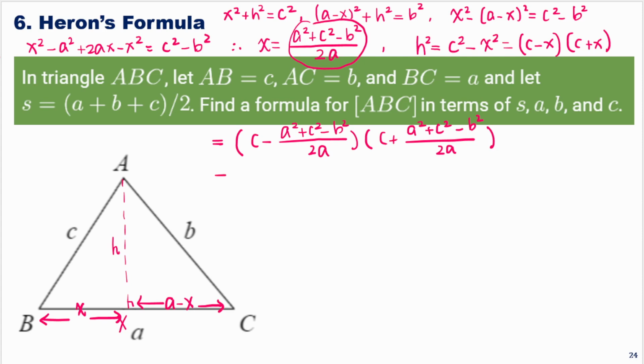And then rewrite each of the factors using common denominator 2a. Then the first one gives us (2ac minus a squared minus c squared plus b squared) over 2a. The second one gives us (2ac plus a squared plus c squared minus b squared) over 2a.